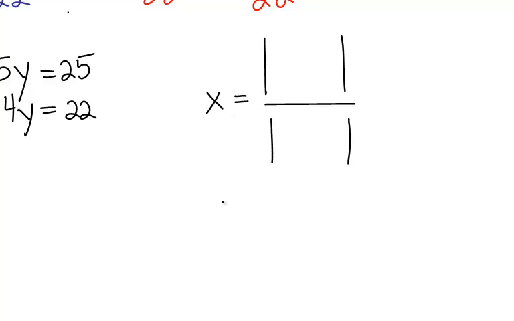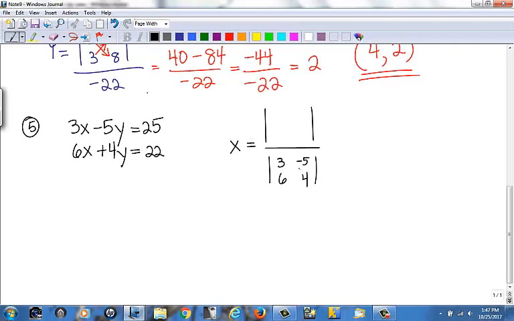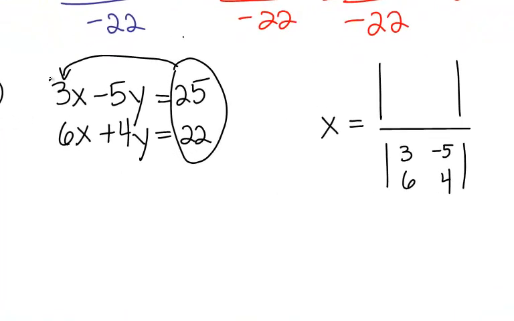The bottom is just the coefficients of the x and the y. So it's 3, -5, 6, 4. The top, if you're going to solve for x, you put these two constants in for the x. So we're going to have 25, 22, and then the -5, 4 stays the same.